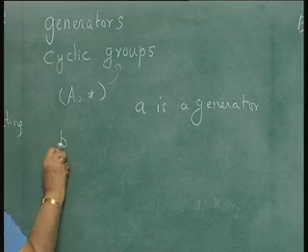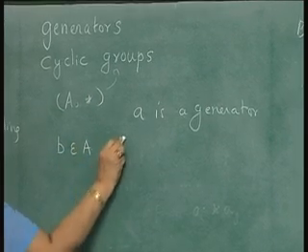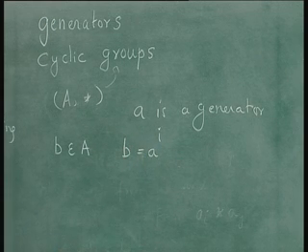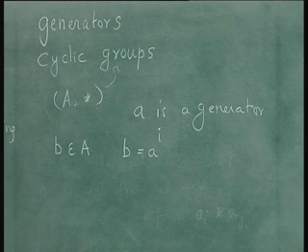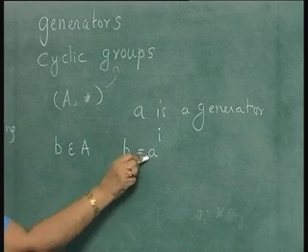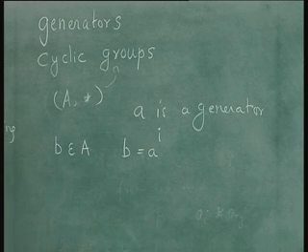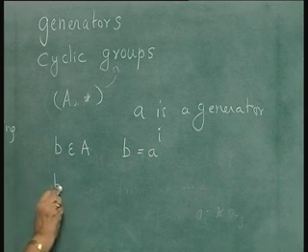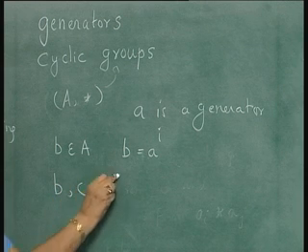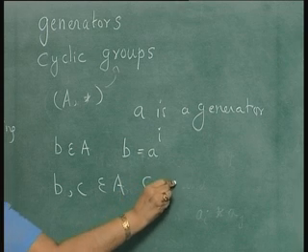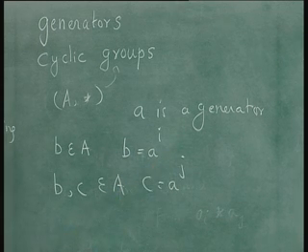Then if you take any element B belonging to A, then B will be of the form A power I, because A squared, A cubed, everything belongs to the set A. So if you take two elements B and C belonging to A, you can write B as A power I and C as A power J. Any element you can write in this form.